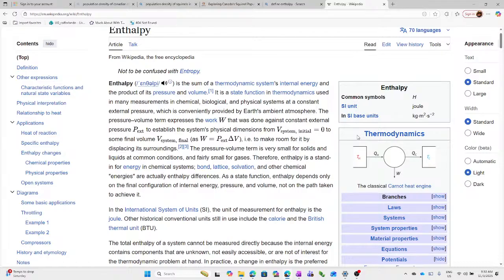And in thermodynamics, for any given system, enthalpy is the total internal energy in that system. What's that mean?